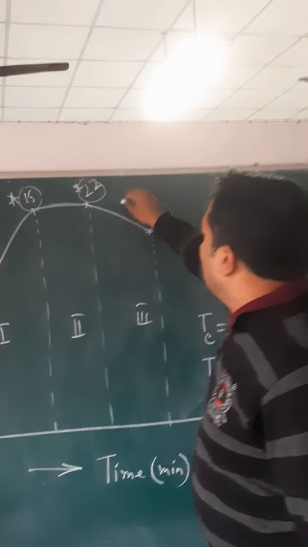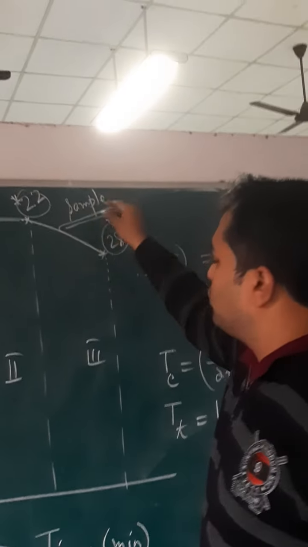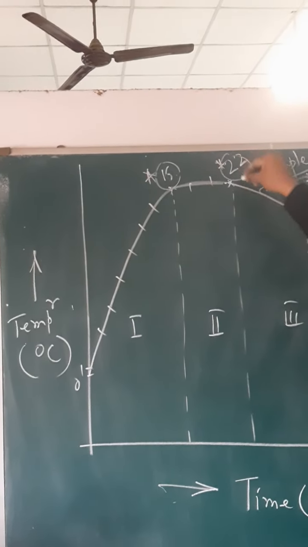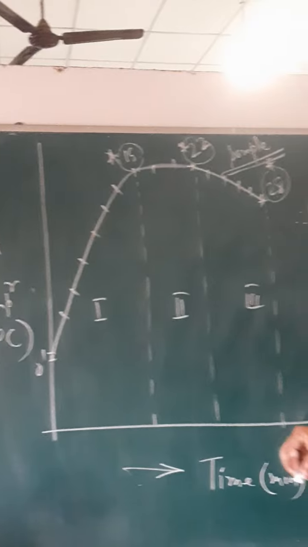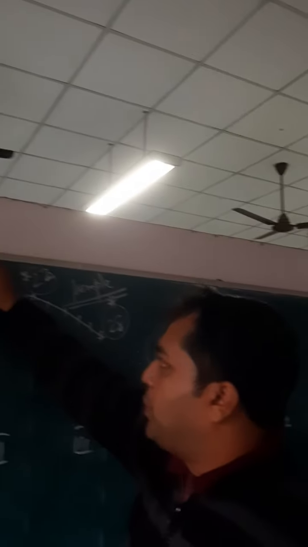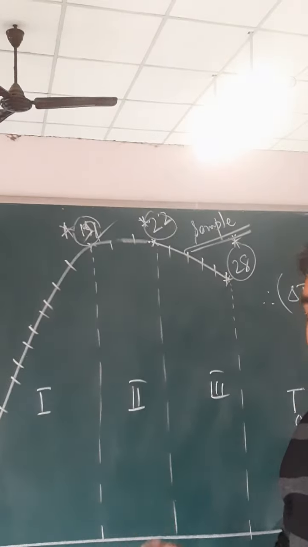Don't take it, because all these graphs and point plotting you will get from your data which we recorded during the experiment. Just put this data. It may be 15, it may be 14, it may be 12, but I forgot now.